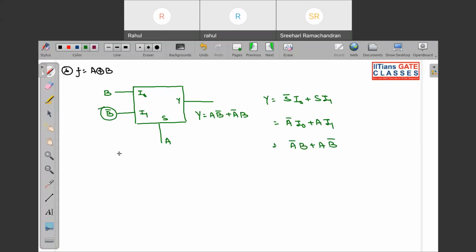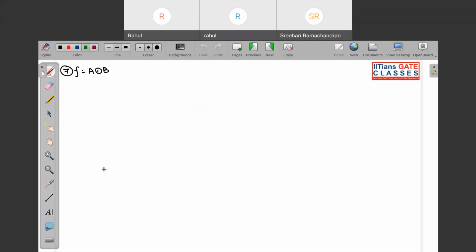So they might ask you, how many 2 cross 1 mux are required to construct A XOR B? Your answer should be 2. Two 2 cross 1 mux are required for the construction of A XOR B. Now similarly for A XNOR B, it is the same thing.